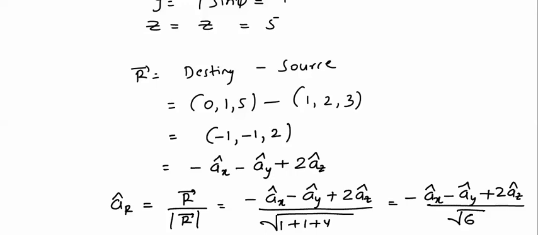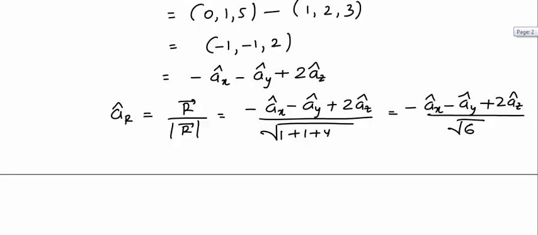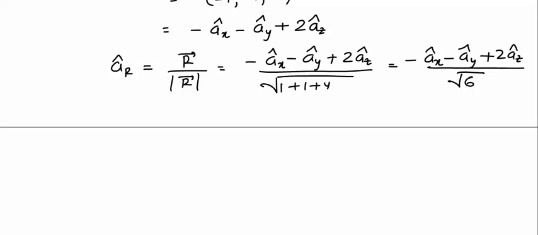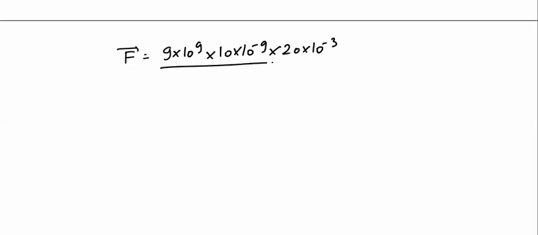Now I can directly find the force. The F vector will be Q1 Q2 times 1 by 4 pi epsilon naught, where Q1 is 10 nanocoulomb and the value of 1 by 4 pi epsilon naught is 9 into 10 to the power 9. So it is 9 into 10 to the power 9 into 10 into 10 to the power minus 9 into 20 into 10 to the power minus 9, divided by r squared, the square of the magnitude of r.